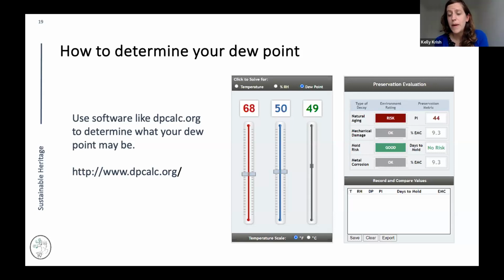Another way I have thought about it in the past is if you're going on a trip and you have a certain amount of money. You can spend so much on lodging or so much on food, but your budget for that trip is your dew point. It's that fixed amount that you have. Some people might choose to spend more money and stay at a hotel that's closer to the center of town.